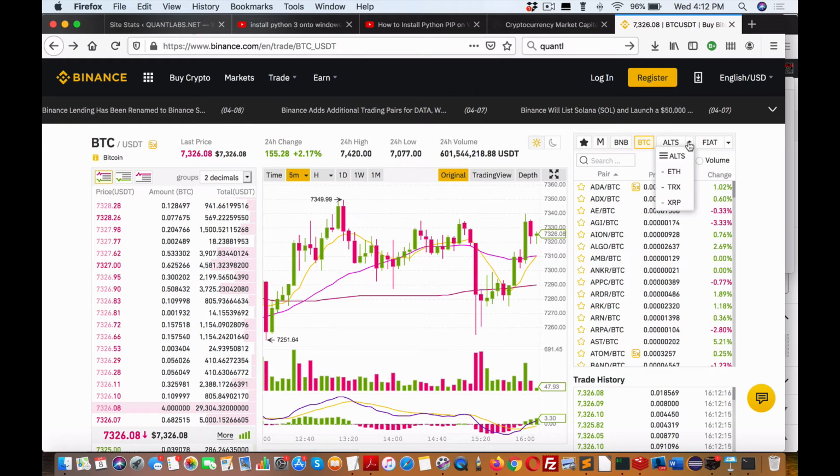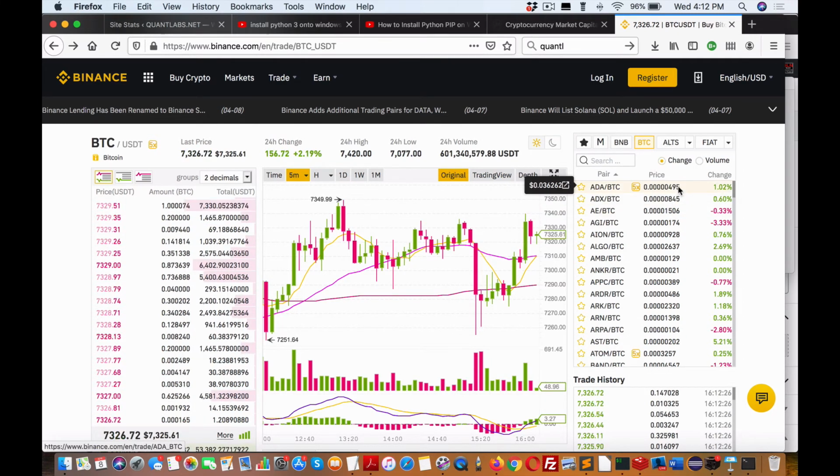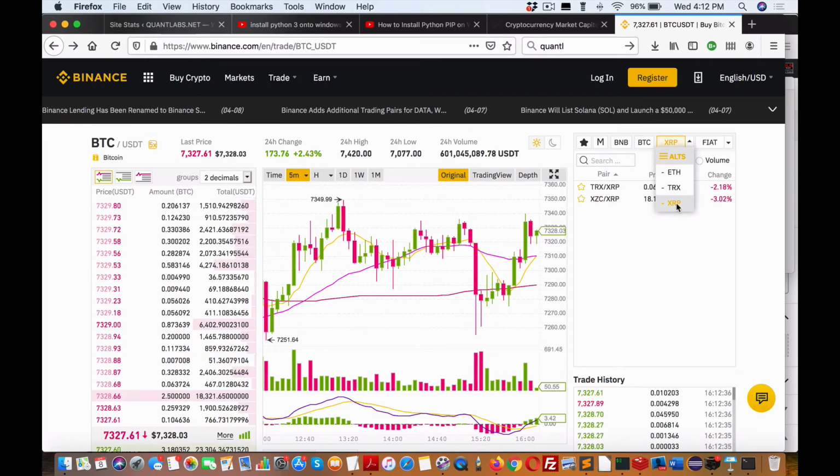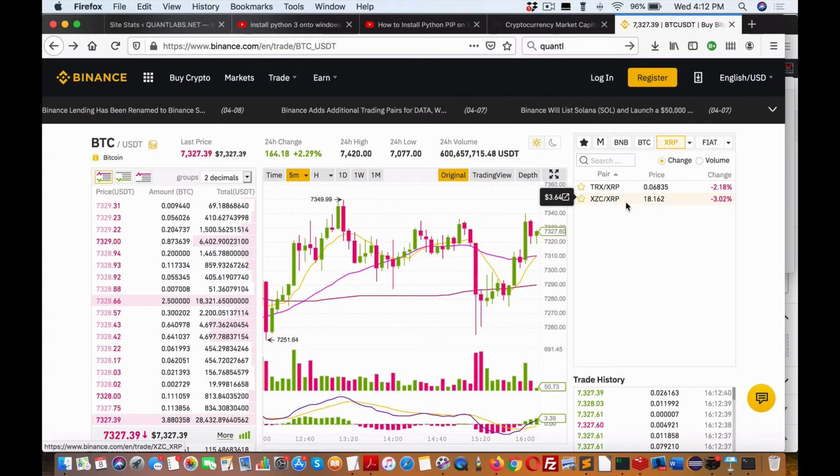And then we get into another market, what Binance calls the alts market. Okay, so we have 3 other coins that we can trade in. We got Ethereum, which is the second biggest coin out there. In that market, we have Tron, TRX, or XRP. Let's look at the XRP. So we only have right now 2 coins to deal with in the XRP market.